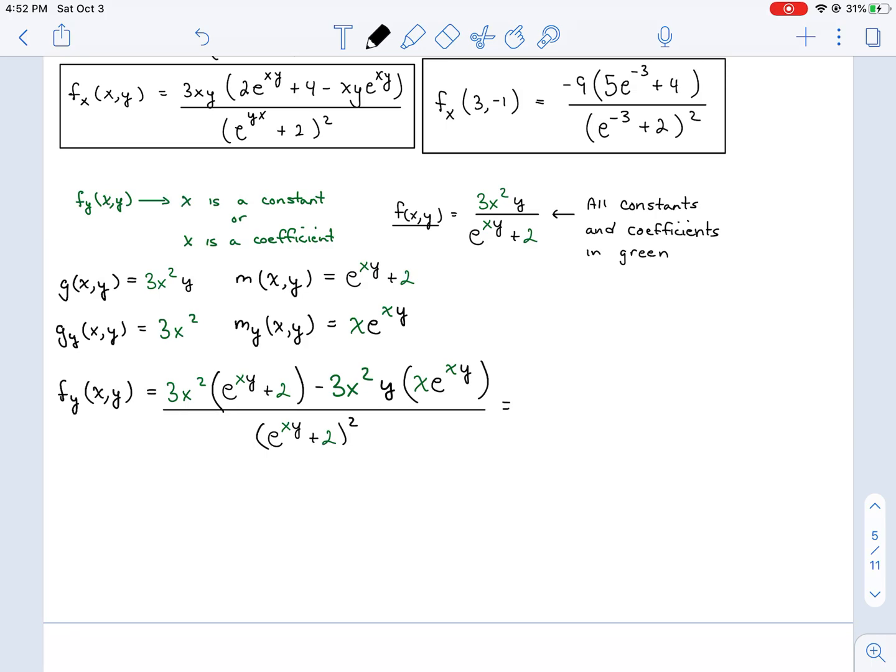Okay, after multiplying and combining like terms, the result will be the following.